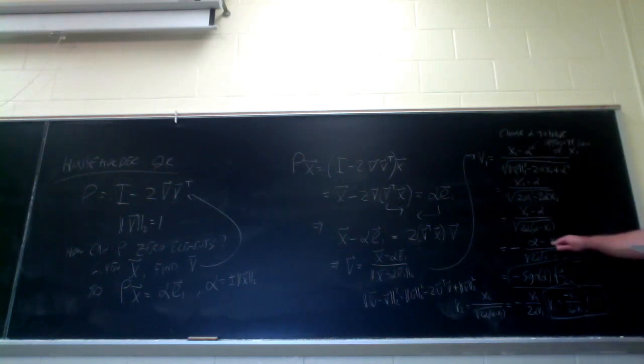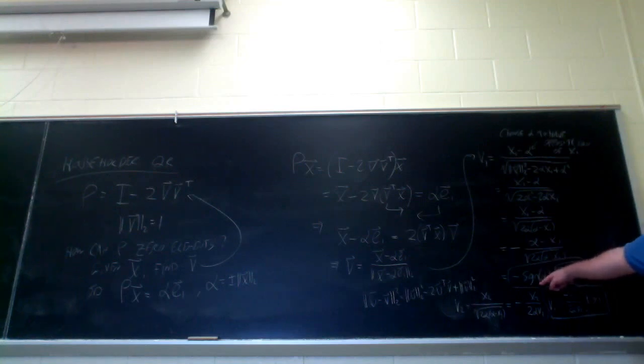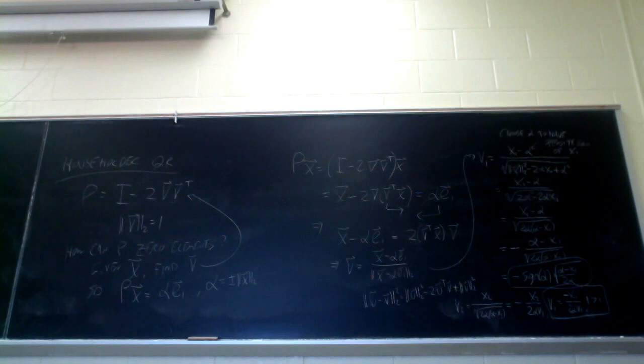But because alpha minus x1 is out here by itself, it could be positive or negative. But once we get rid of it by simplifying with this, we still have to make sure that sign, positive or negative, is still represented, and that's why that sign function has to go there.